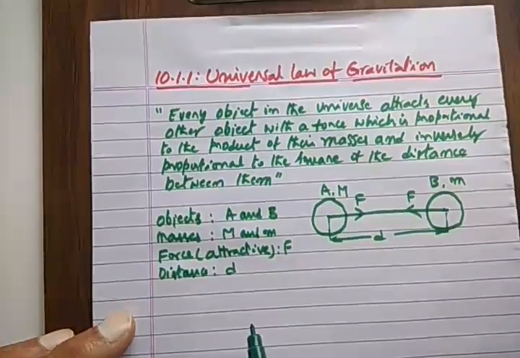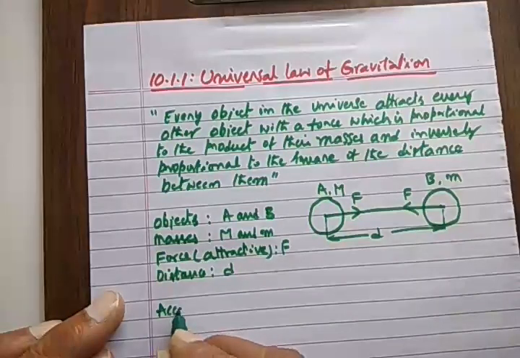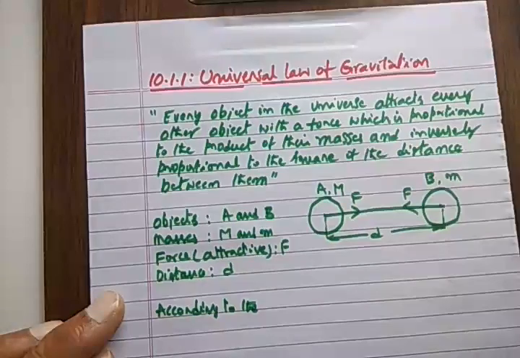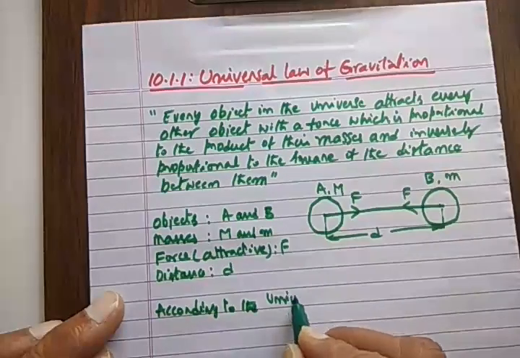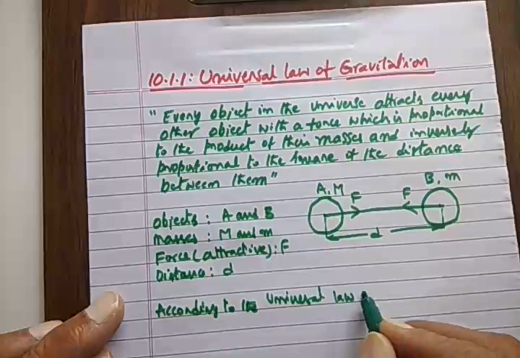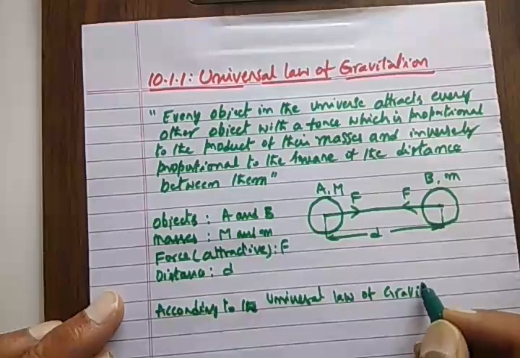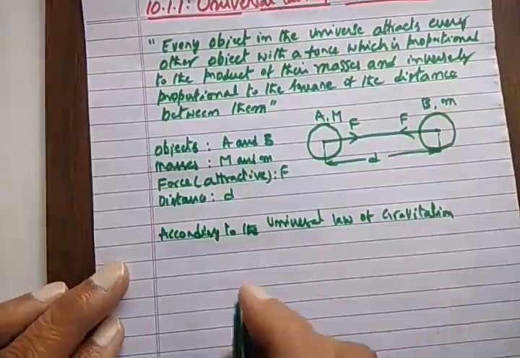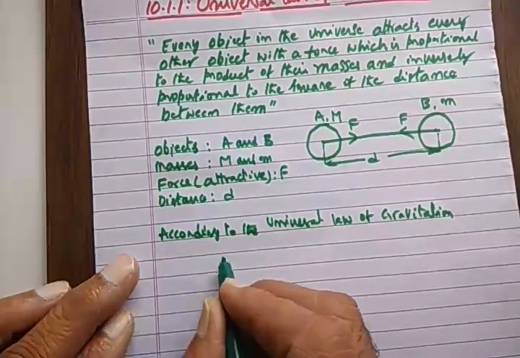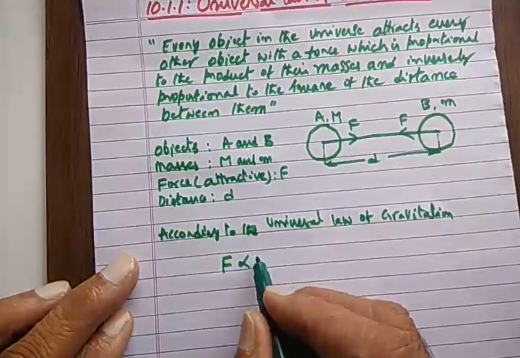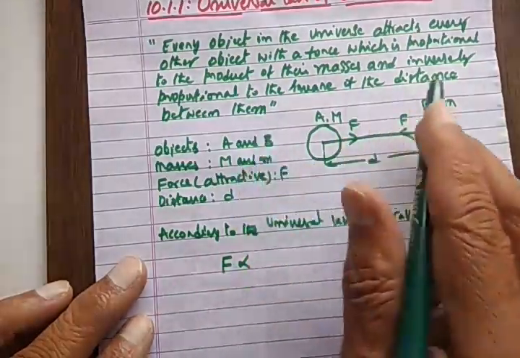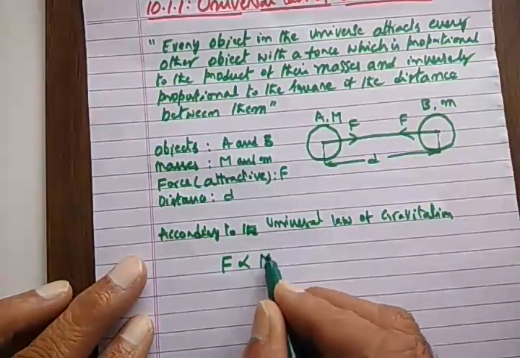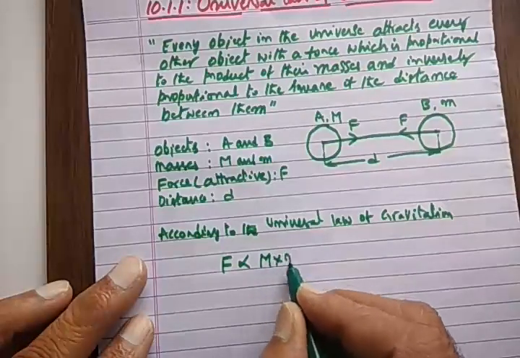Okay, now according to the universal law of gravitation, this force is proportional to the product of the masses. That is, see, force which is proportional to the product of their masses. So here it is M into m.